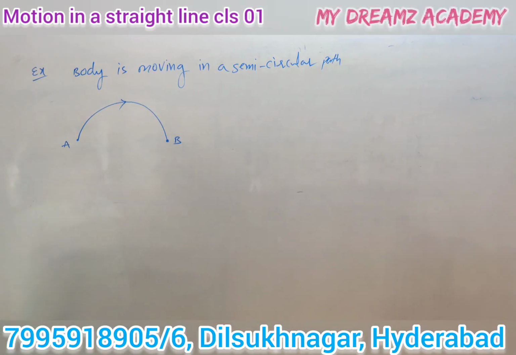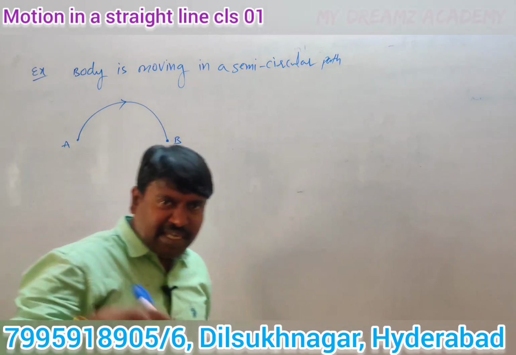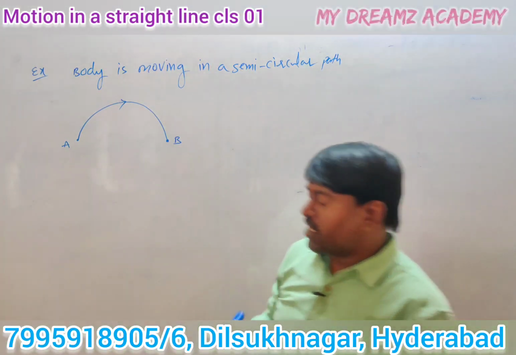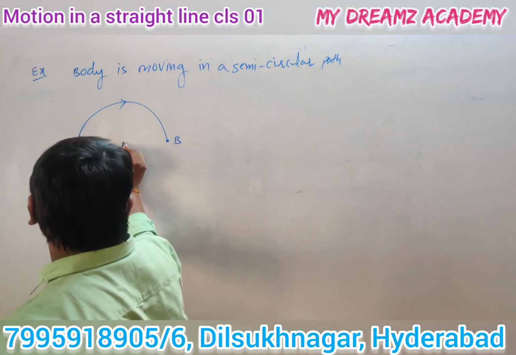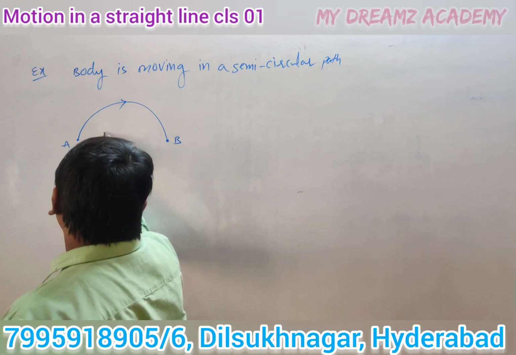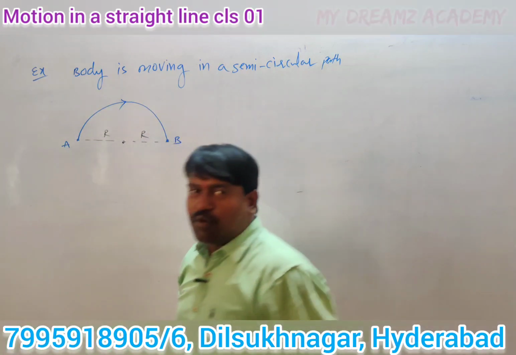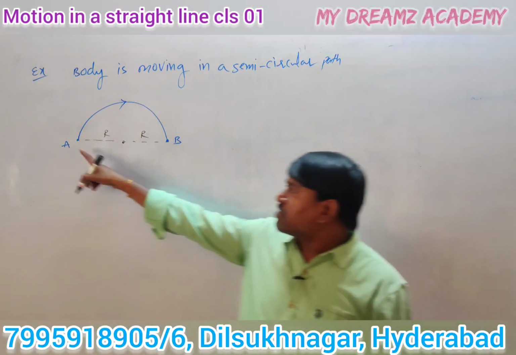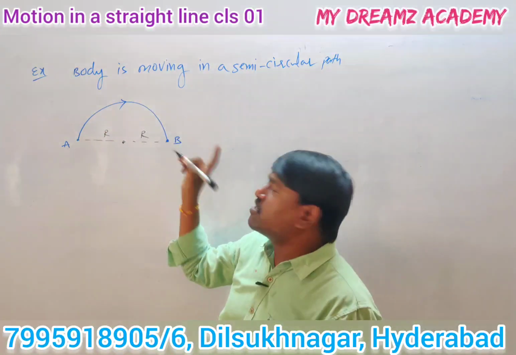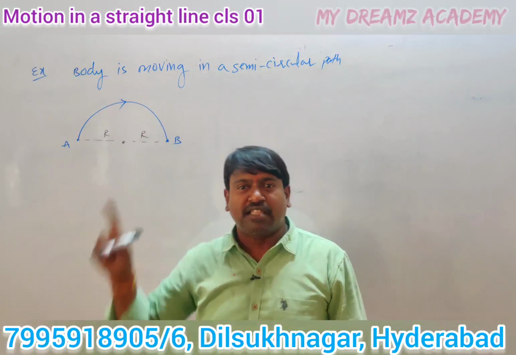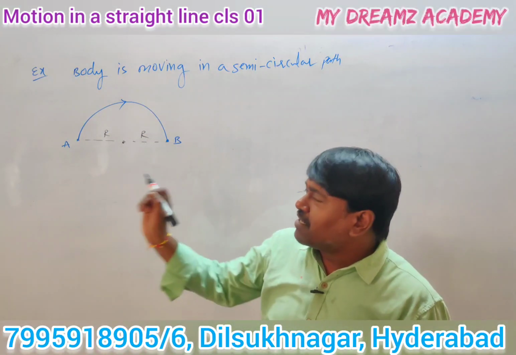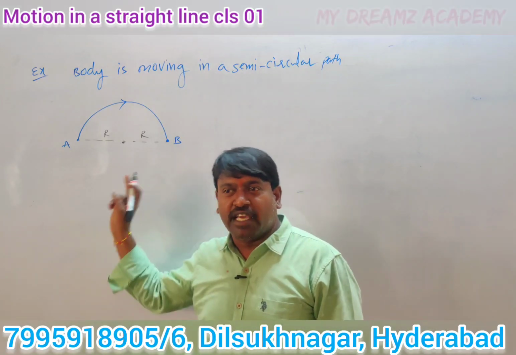The body is moving along this semicircular path, whose radius is R. What is the distance and displacement covered by the body in this case?